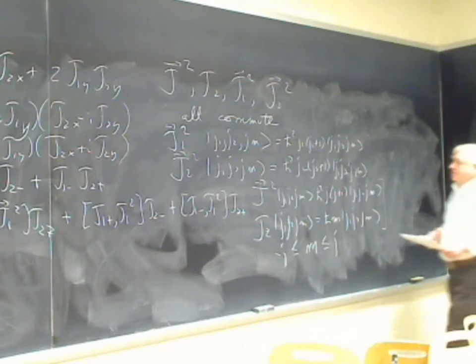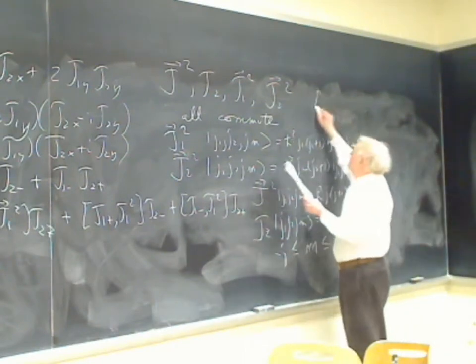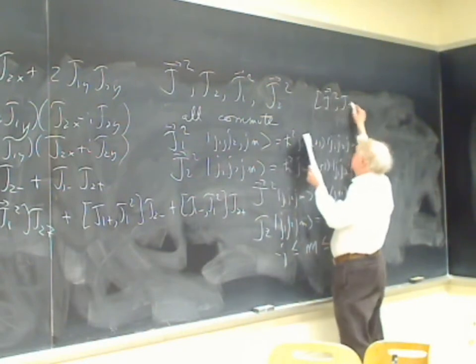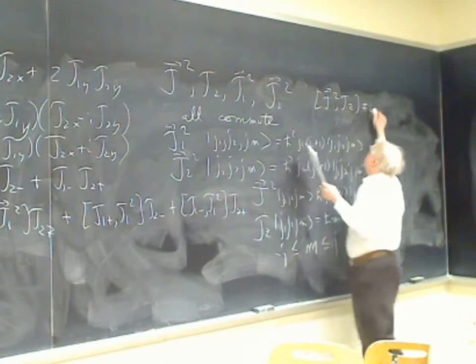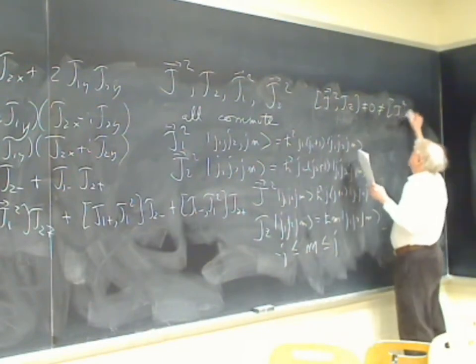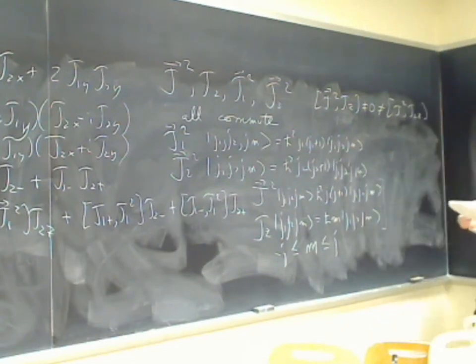Let me just mention that it's not true that everything commutes, because, for example, the commutator of J squared and J1z is not equal to 0. And, of course, the commutator of J squared and J2z, therefore, is also not 0.